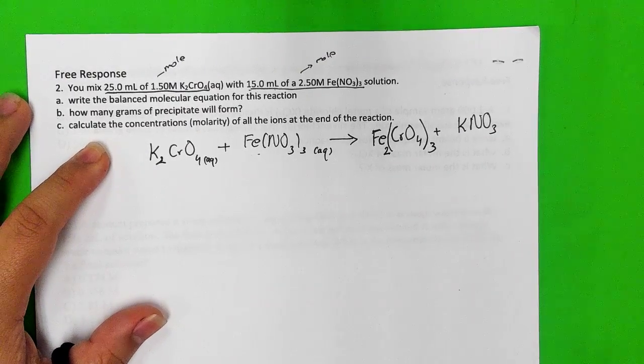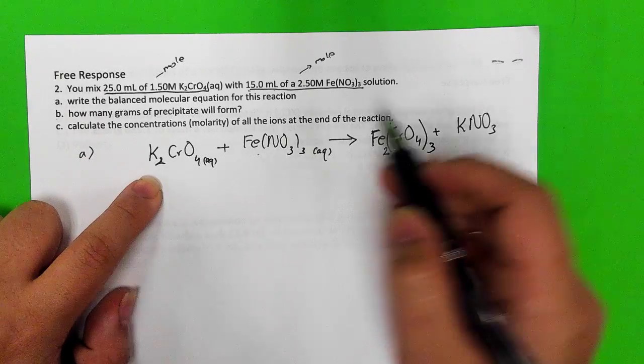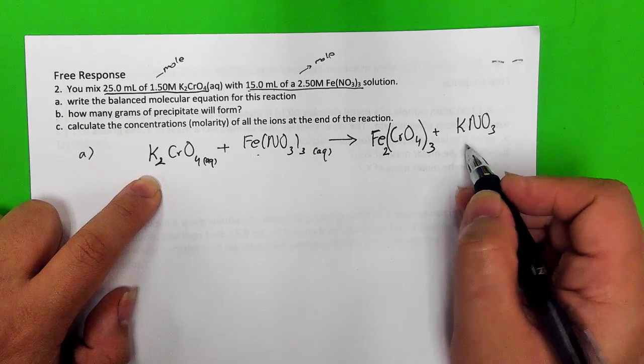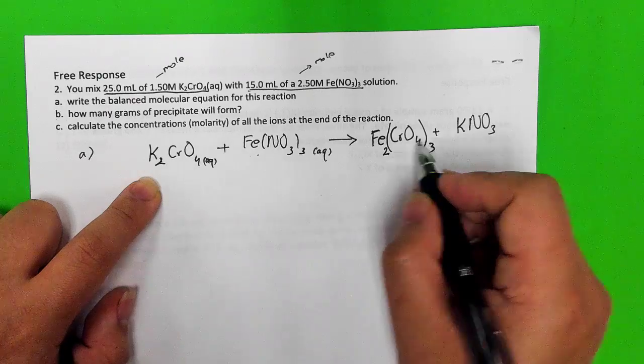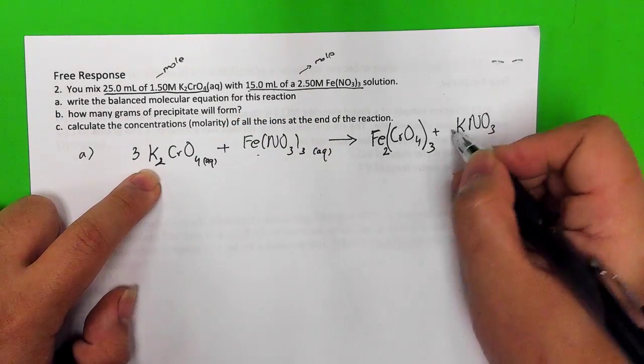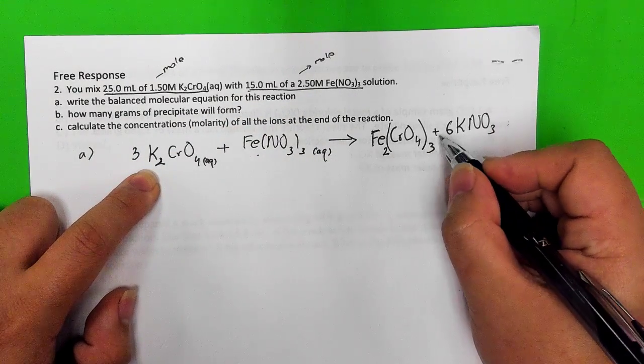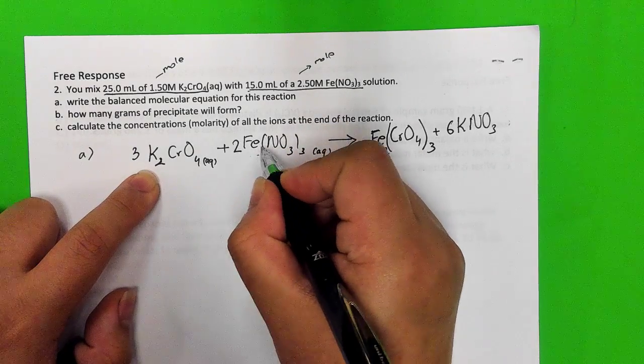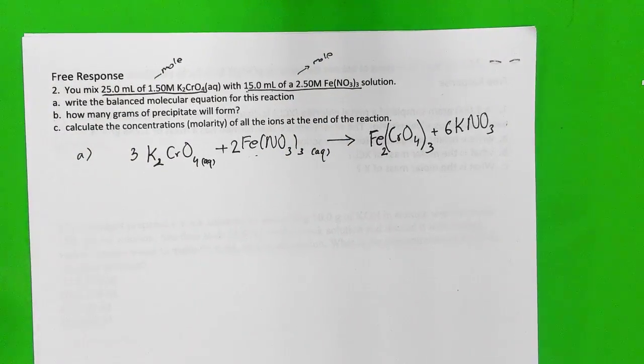Now you have to balance left and right. There's 2 K, but there are 3 CrO4, so we put 3 there. That makes K 6, so let's put 6 there. NO3 is 6, that's 3 times 2. Fe is 2 and 2. You should have done it like this.